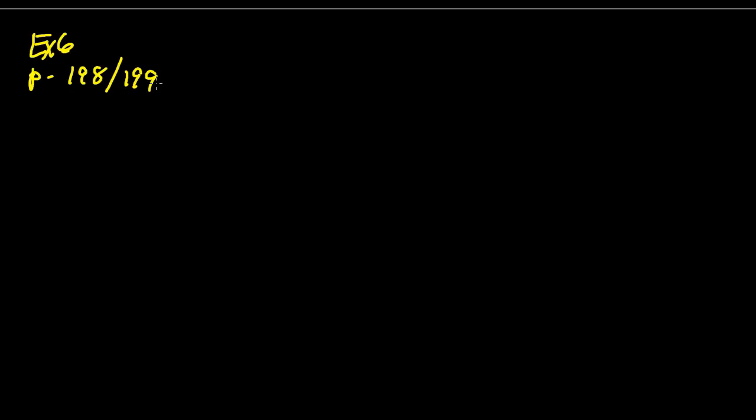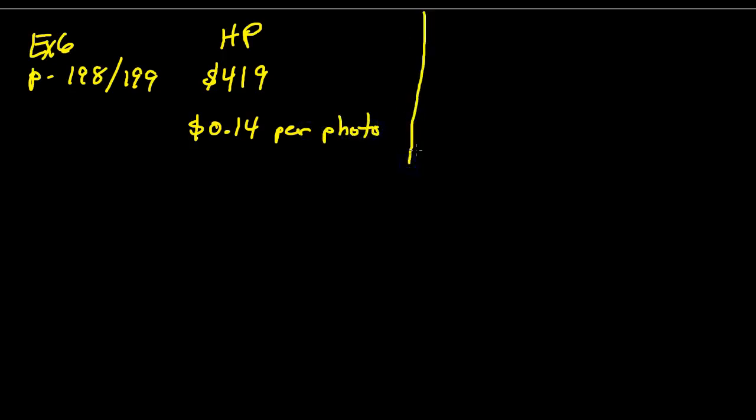Let me write that down. I'll say the HP printer costs $419 to start, and the cost for the ink and paper is 14 cents per photo. So I'll write that as $0.14 per photo. Now we're given information about the other printer she's considering.